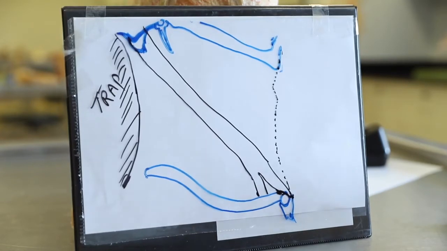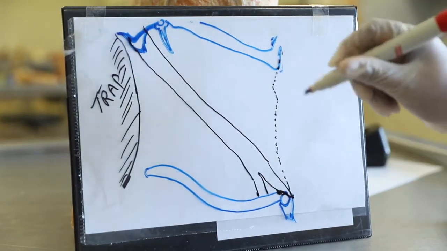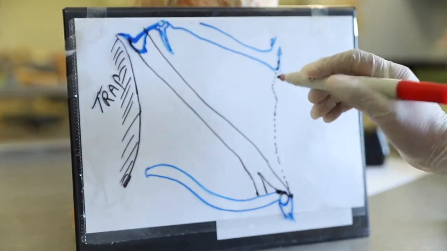Okay, so now coming back to our diagram. The anterior triangle is also subdivided into 4 small triangles, as follows.